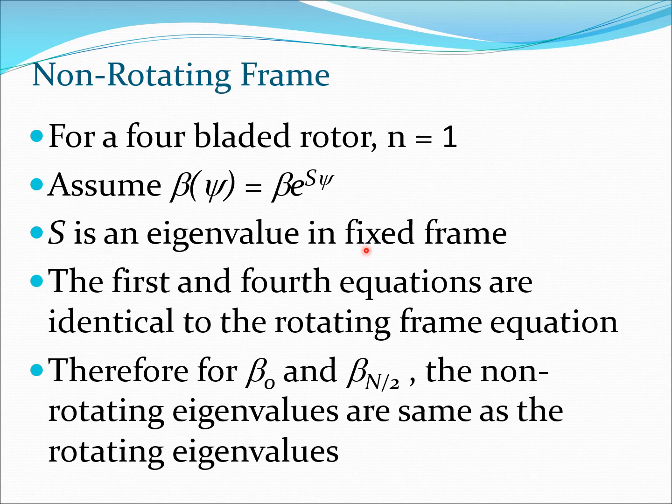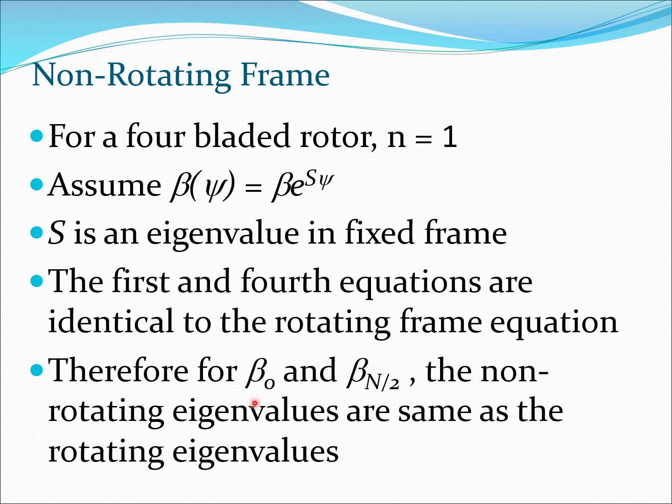When we substitute this into the four equations I showed before, the first and fourth equations turn out to be similar to the rotating frame equation. They have a beta double star term, a gamma by 8 beta star term, and then the nu beta square beta term. However, for the second and third equations, these equations will be different.